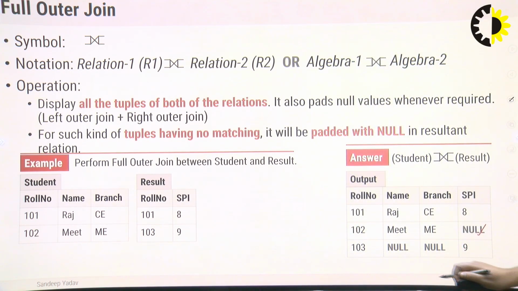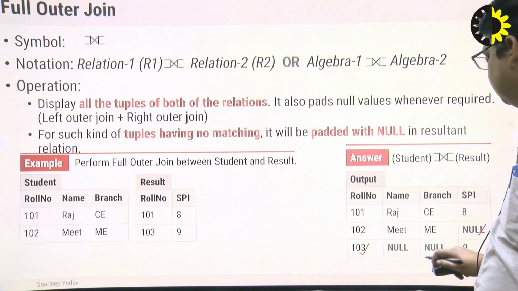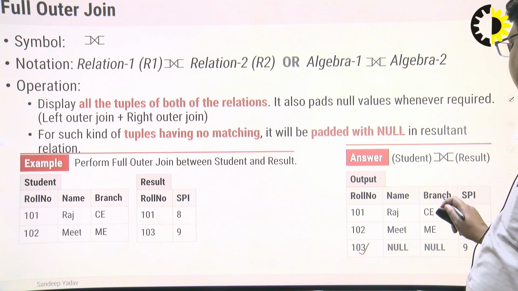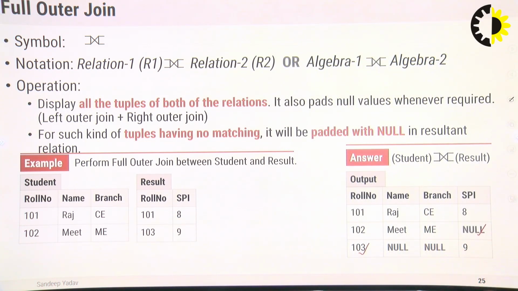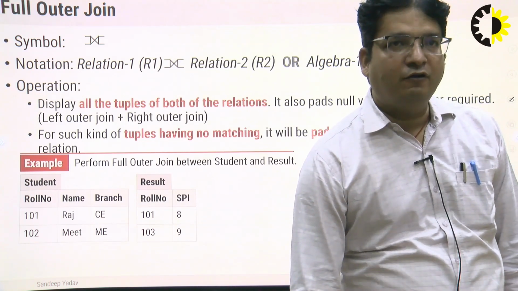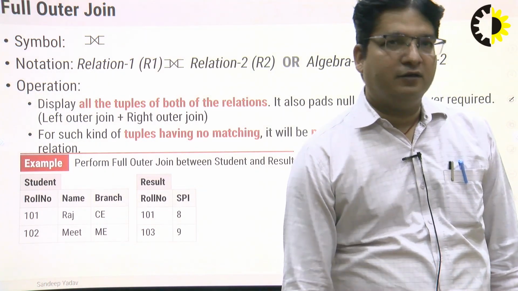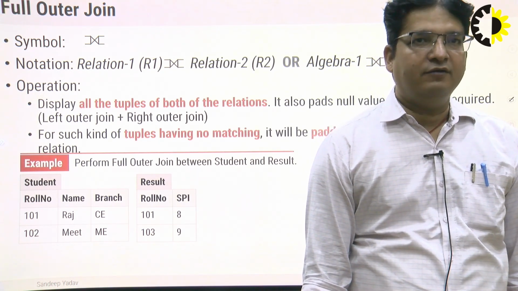Now 103 is present in this one, so this value is 103. The corresponding values of name and branch are not present here, so these will be written null, null, and SPI is 9. This is how this query will work out. I hope every one of you is clear with this, and with this we come to the end of this lecture. Thank you.